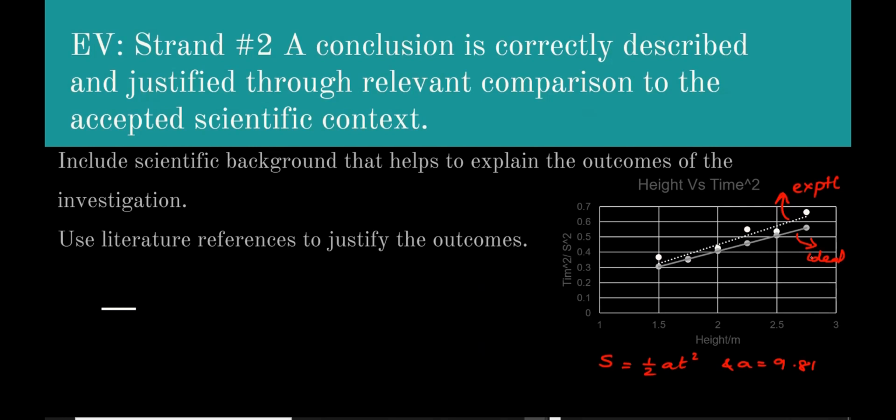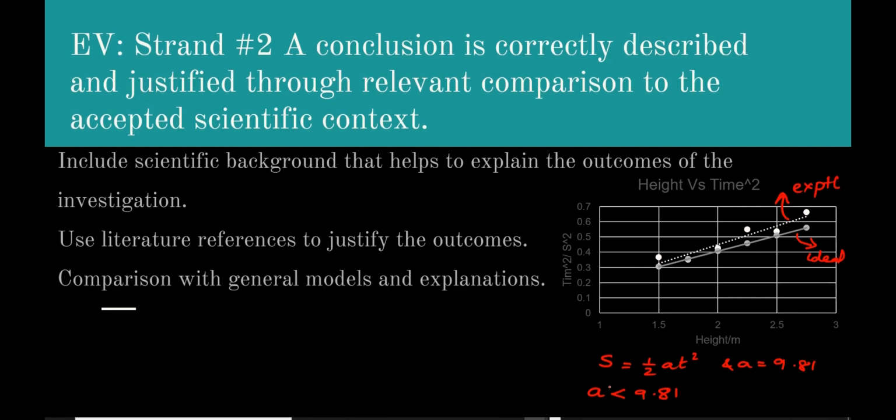For example, in this investigation, the experimentally calculated value for A, as mentioned, was lesser than 9.81. So this might be due to the air resistance, as the size of the ball used is not negligible compared to height of fall. You can look for other reasons for justification to improve the quality.